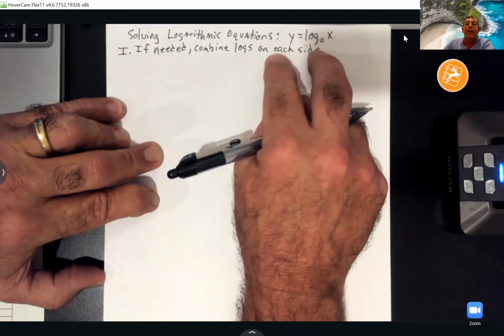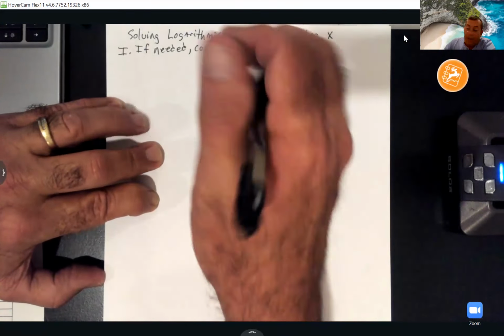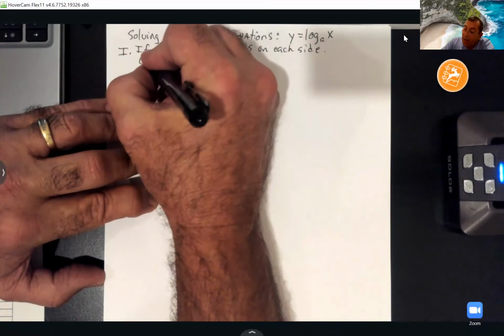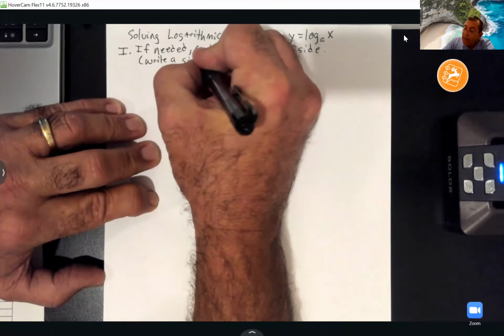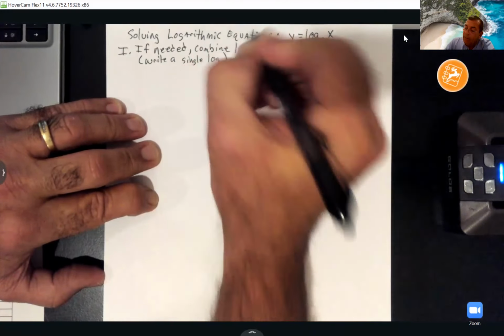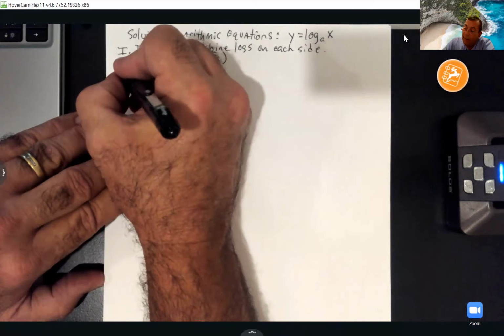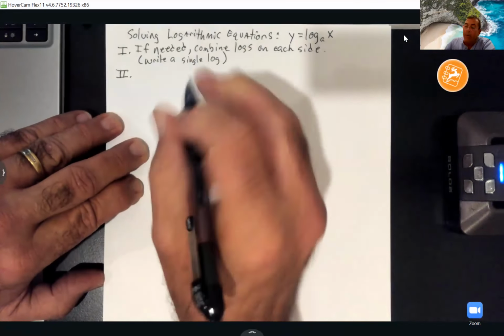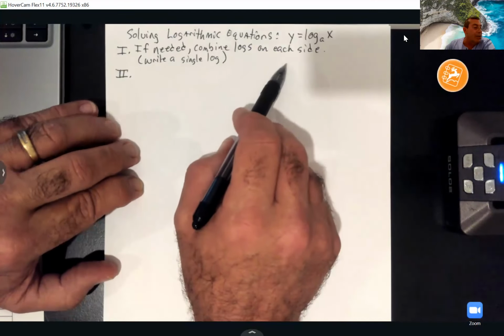I'm talking about if I got more than 2 logs on one side, I'm going to combine them, and I'm going to write it as a single log on each side.